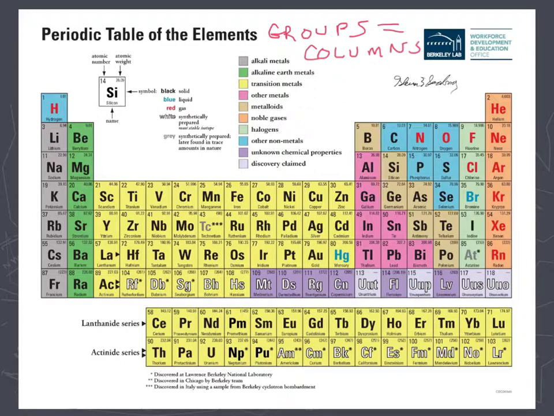Now, the flip side is that the periods are the rows, or the horizontal rows, right? They would be located here. So here's period 1, here's period 2, period 3, and period 4, etc. The periods represent the number of energy levels of the electrons.